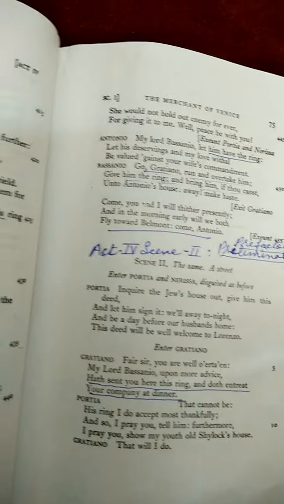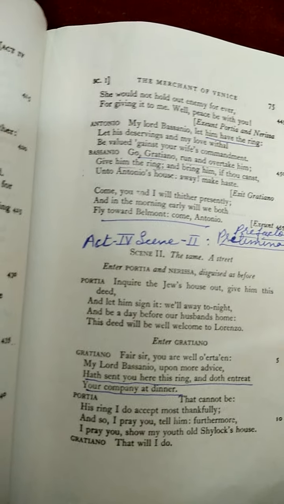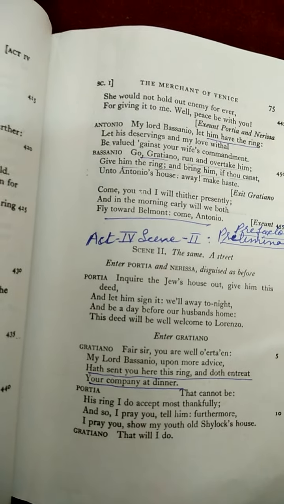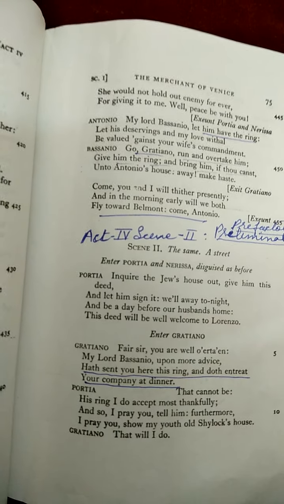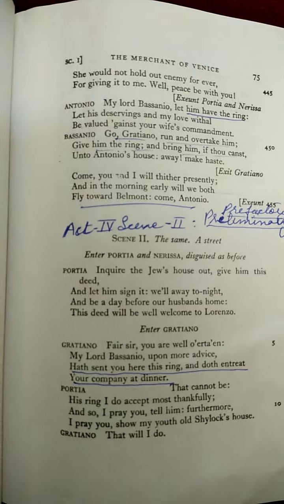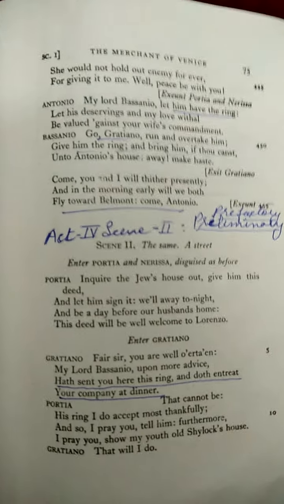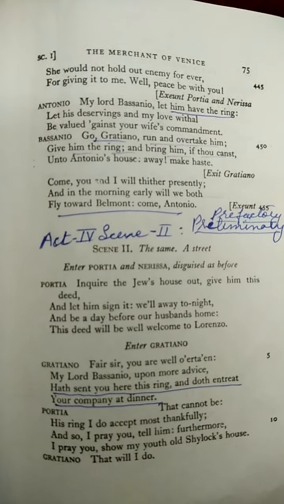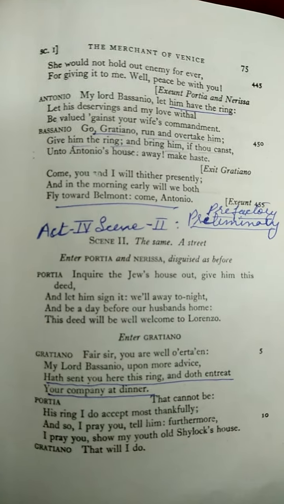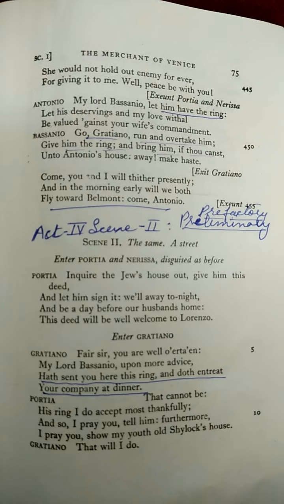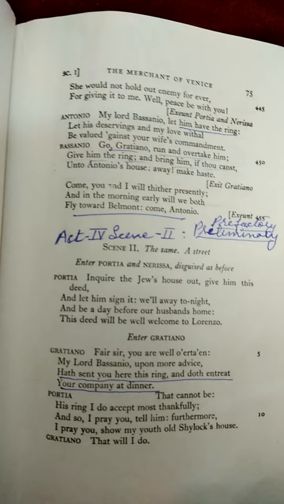So here, as soon as Gratiano enters, and he runs after Portia, see the dramatic impact, he's so eager to give that ring. And here is the dramatic significance of the ring episode.